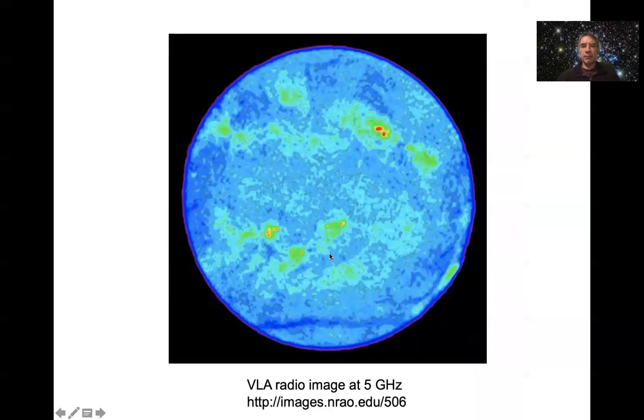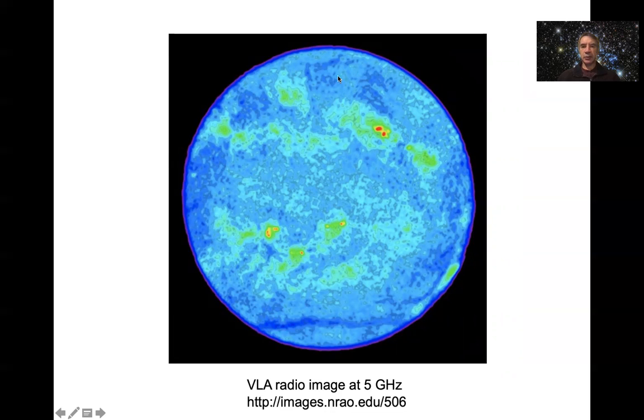And here is a radio image of the sun. Okay, so this is taken actually with one of the mainstream radio astronomy telescopes, the VLA, that we've seen many examples from over this unit. And again, this is just at a fairly standard frequency of 5 gigahertz. And so you can see the disk of the sun first of all. So that would just be literally the black body radiation from the sun itself.